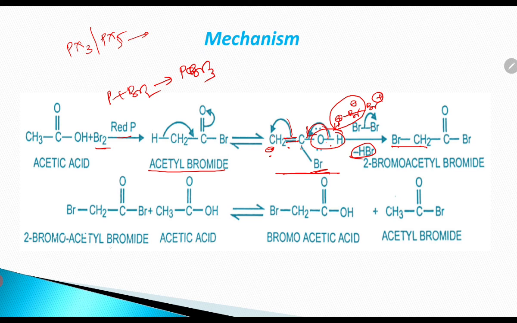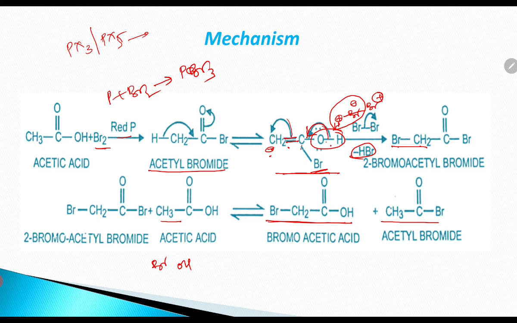And this 2-bromoacetyl bromide again reacts with another carboxylic acid, so that the bromide and OH groups are interchanged and this results in the formation of bromoacetic acid, and acetyl bromide is obtained. Our product, bromoacetic acid, is obtained in this way.